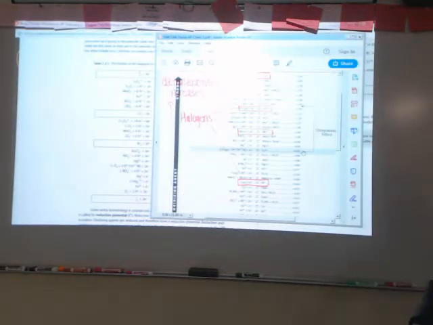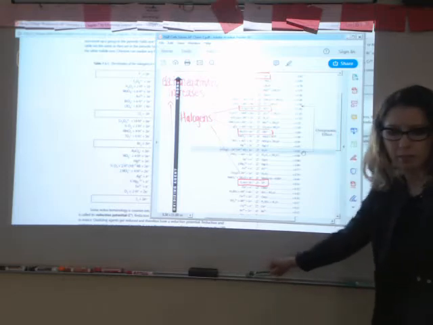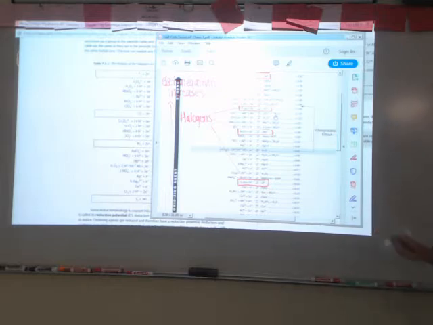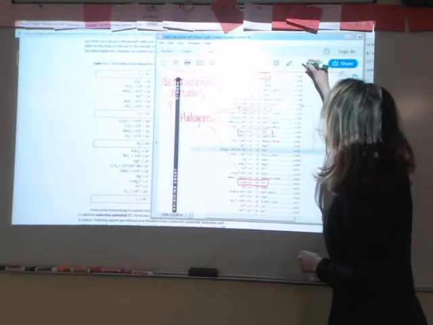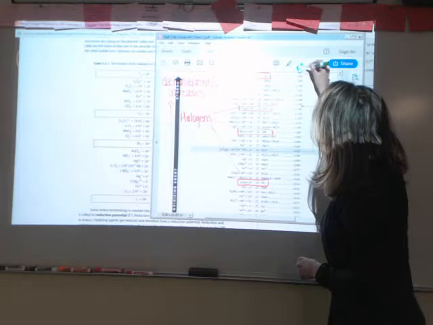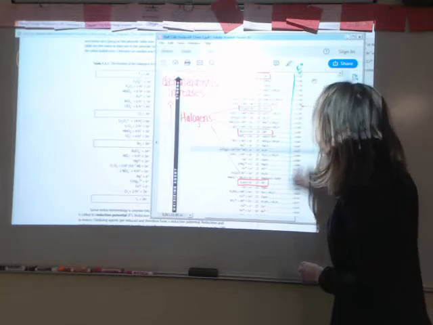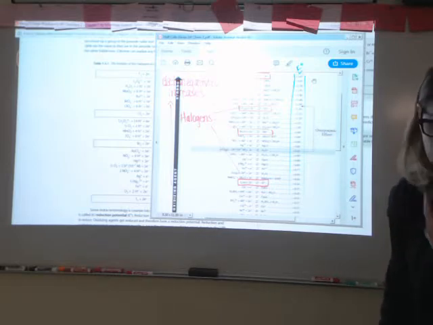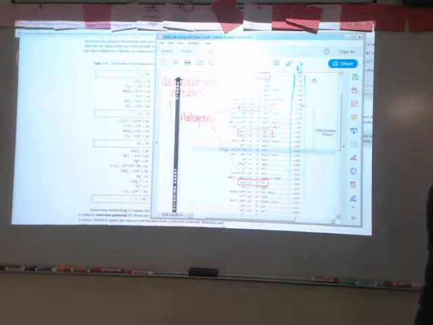Now, the strength of an oxidizing agent is called its reduction potential. So I'm going to label this in a different color. The reduction potential is abbreviated a capital E with a little degree symbol on it. And if you look here, these are your reduction potential values here on the right side of the SRP table, okay?